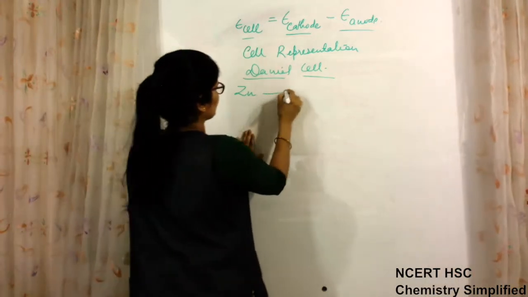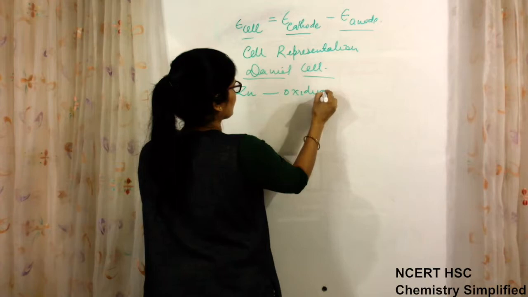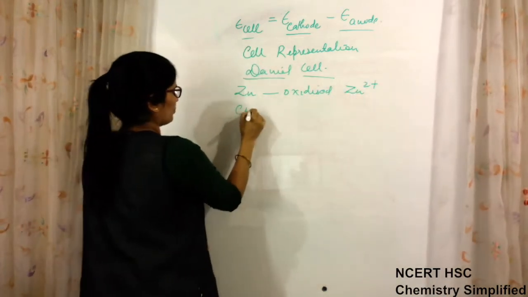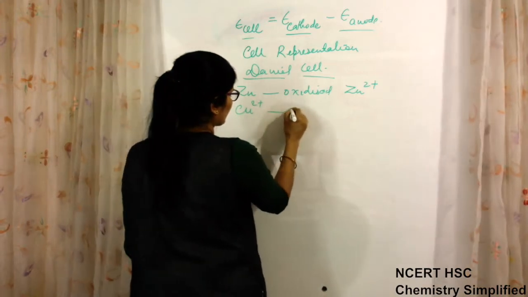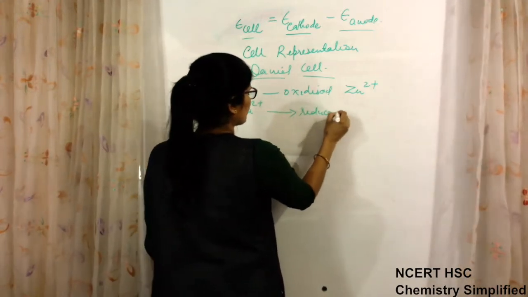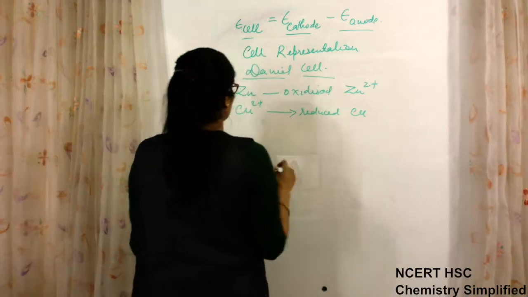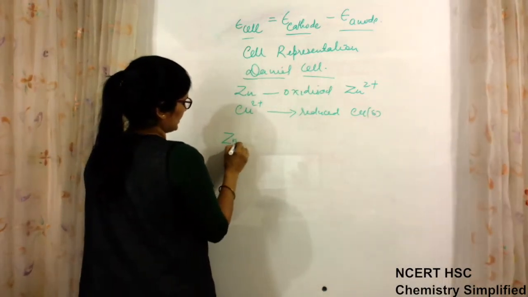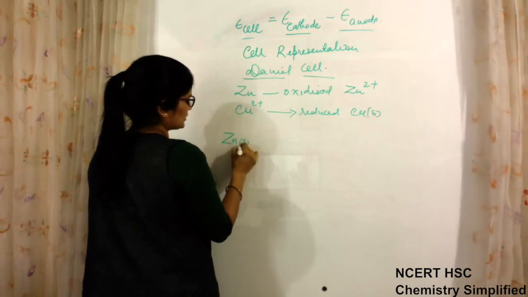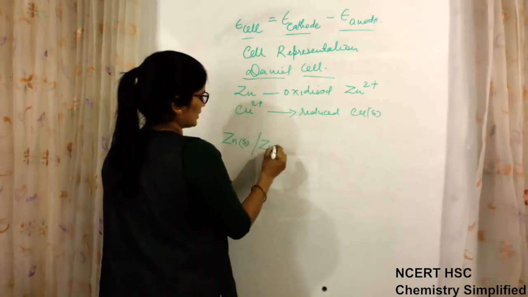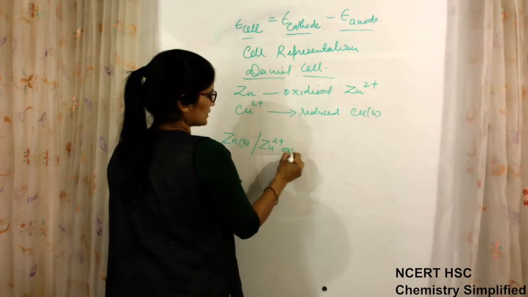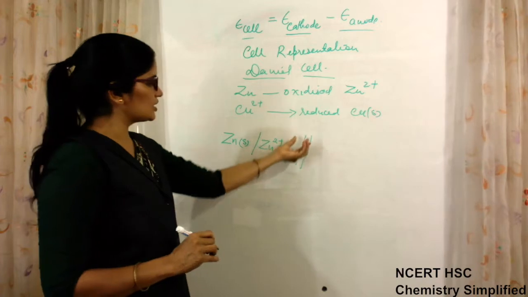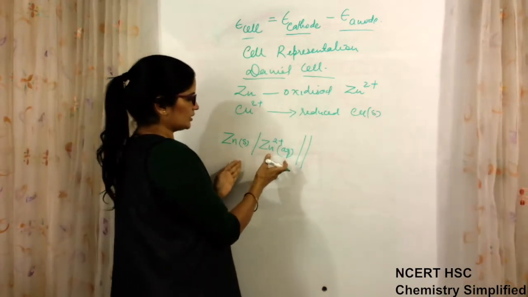Zinc is getting oxidized to form Zn2 positive, and Cu2 positive is reduced to form Cu solid. So we will represent the cell as Zn solid converts into Zn2 positive aqueous, double line to represent the salt bridge. This is the oxidation half.